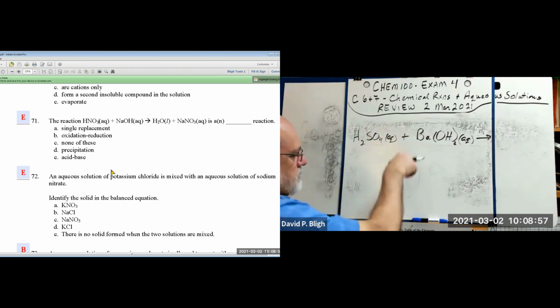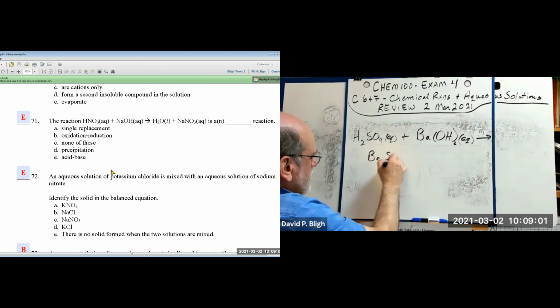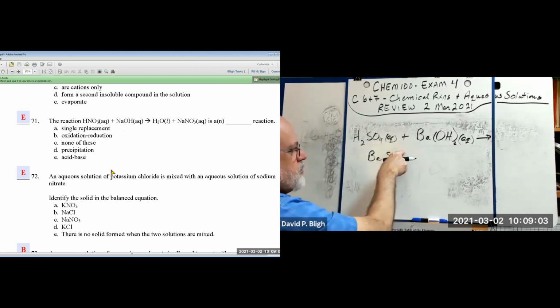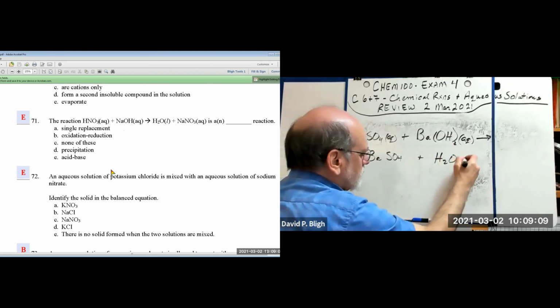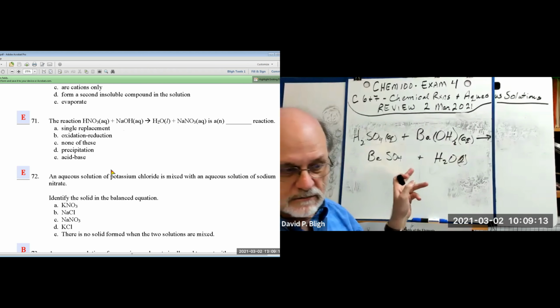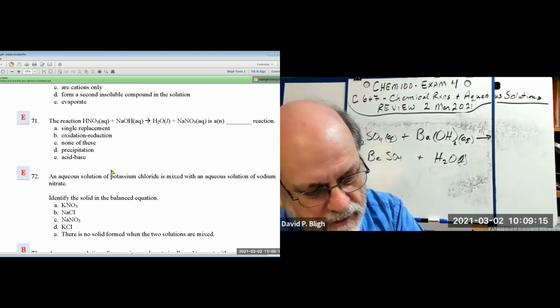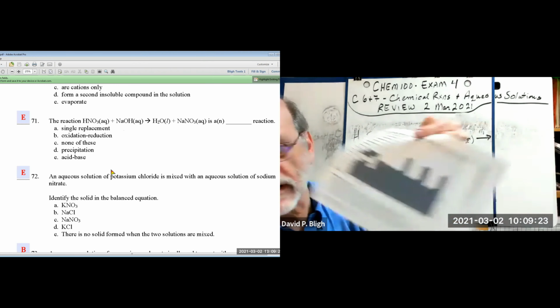Then we make the salt, barium and sulfate. Barium, sulfate. That's a 2 minus, that's a 2 plus, so that's the way you write it. And water. Barium sulfate, look it up in your chart. Remember, at the back, you have a solubility chart at the back of your useful information. Where is it? Here it is, right here.